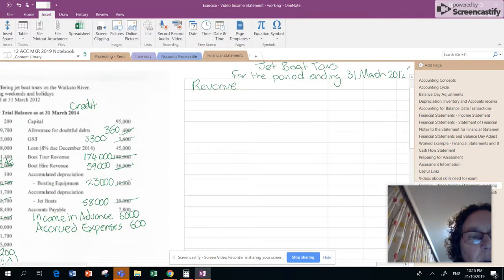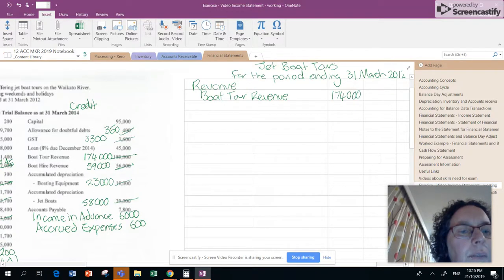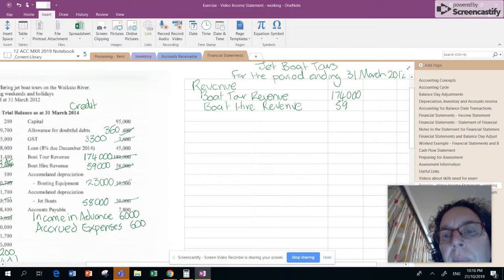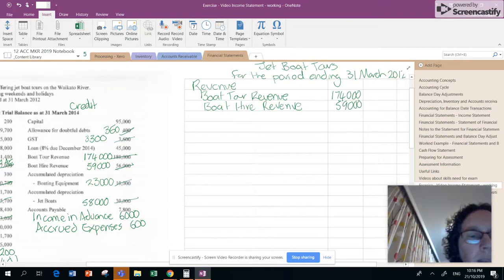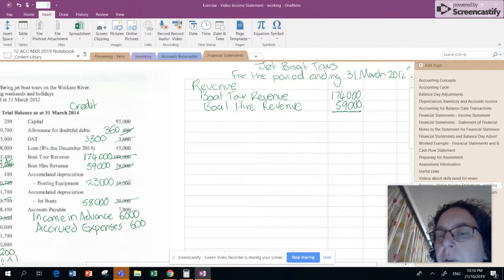So in this case, we've got boat tour revenue of 174,000, and boat hire revenue of 59,000. And then we're going to add those two together. It's 233,000.